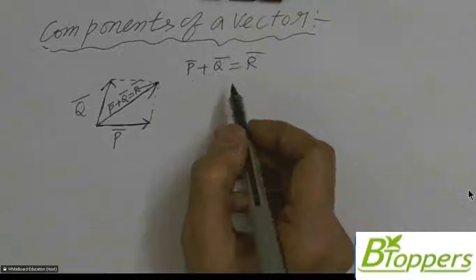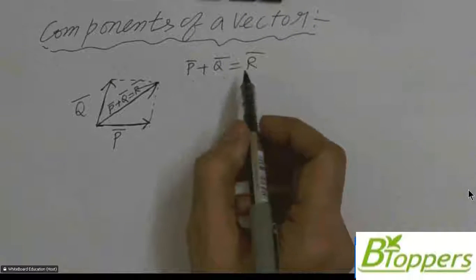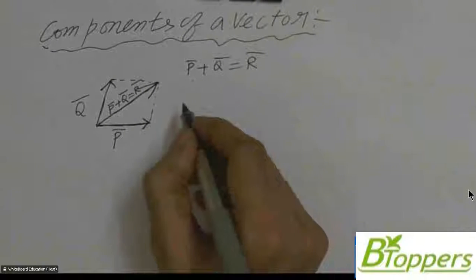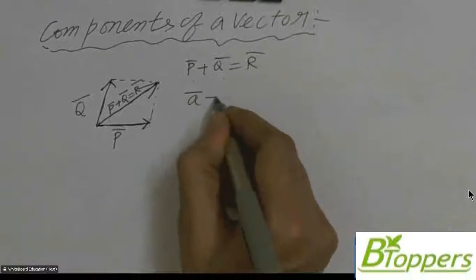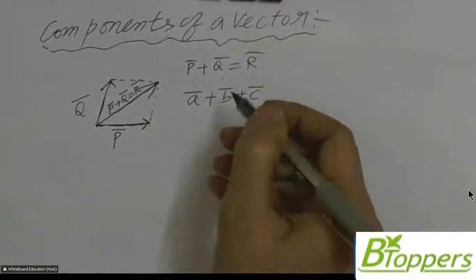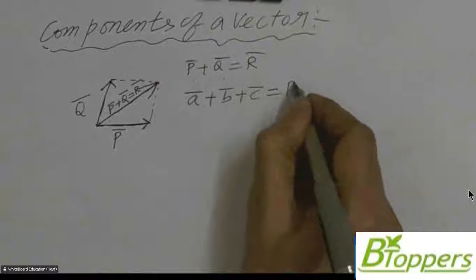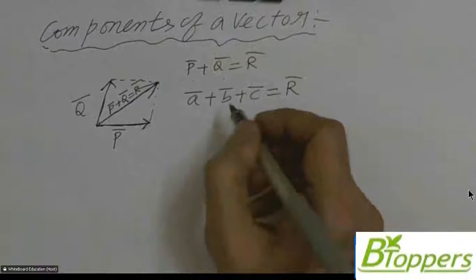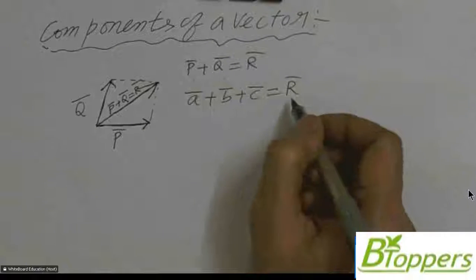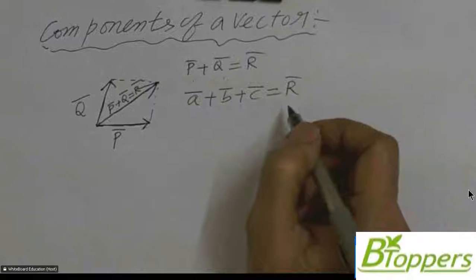It's not necessary that there are only two components for a given vector. Suppose the vector sum of three vectors a bar, b bar and c bar gives you the vector r bar, then the three vectors can be called the component vectors of r bar.